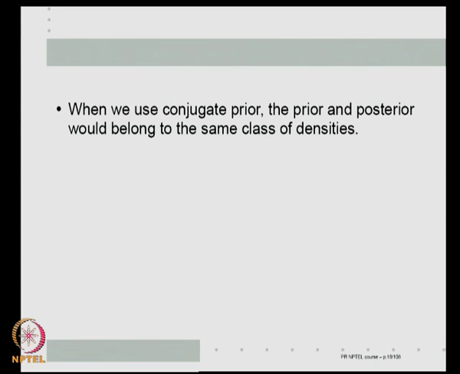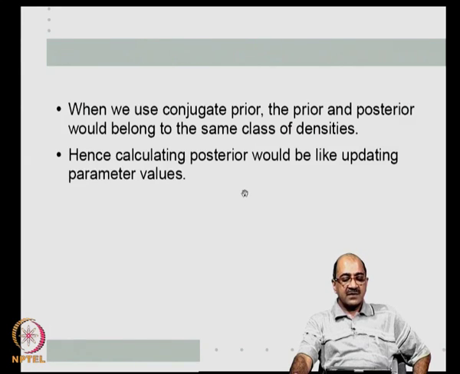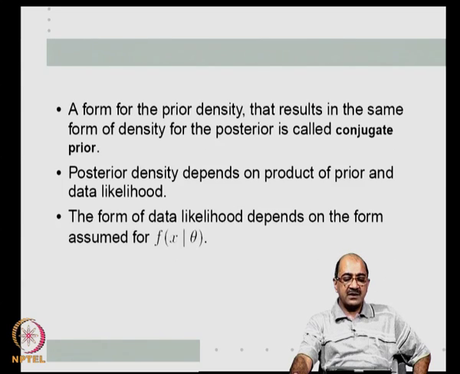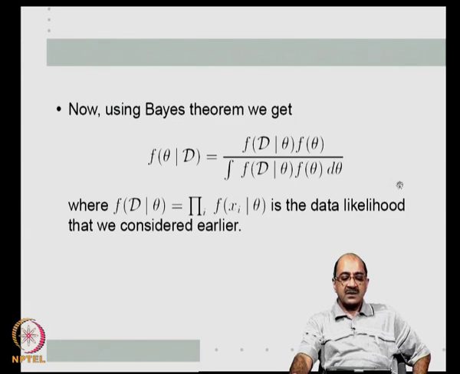The reason why we want to use a conjugate prior is that the prior and posterior would belong to the same class of densities, and hence calculating the posterior would be like updating parameter values. What we mean is, in this expression, if I know f theta, let us say f theta is normal with some mean and variance, and for this problem f d given theta is of the form that when multiplied with f theta what I get is another normal density, then f theta given d also will be a normal.